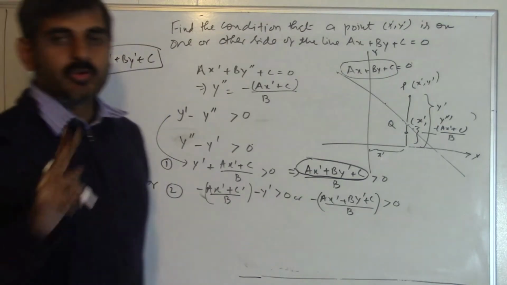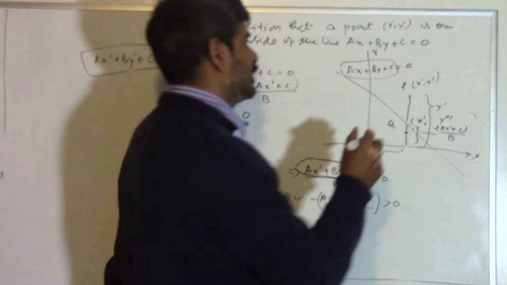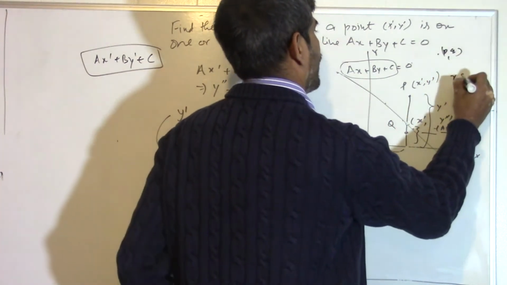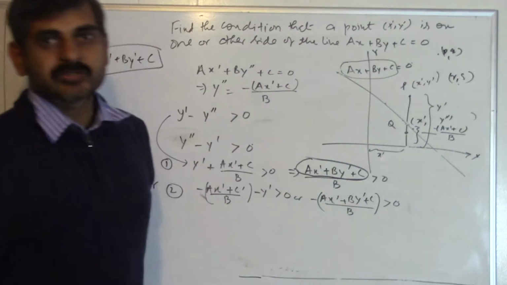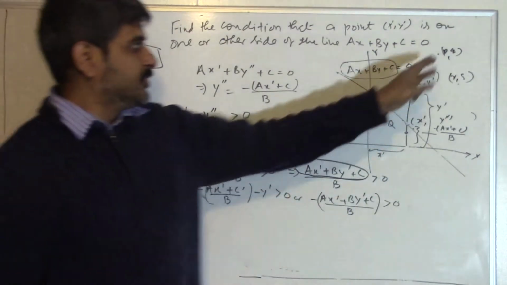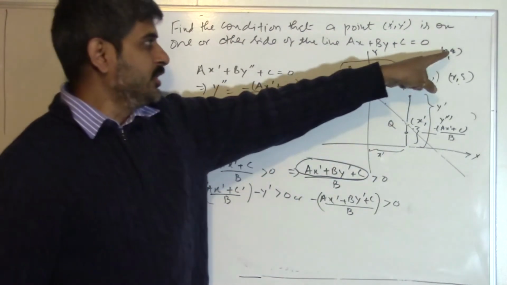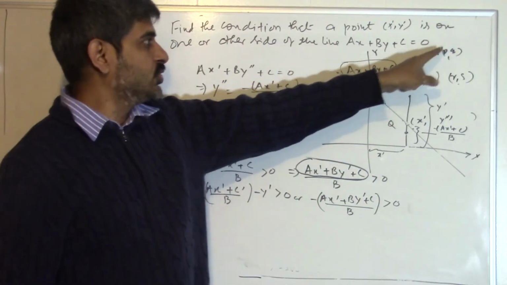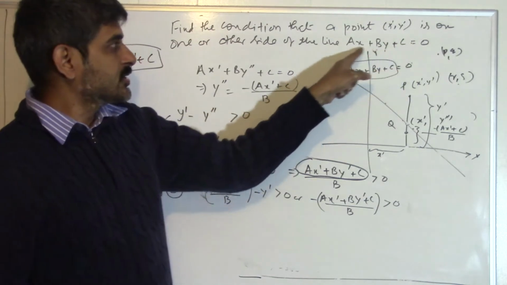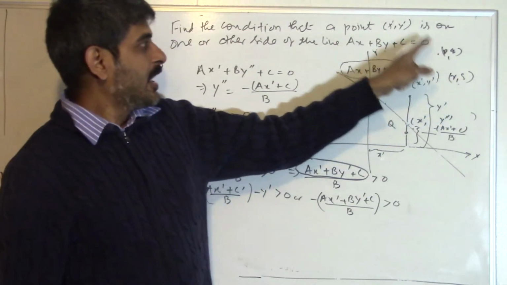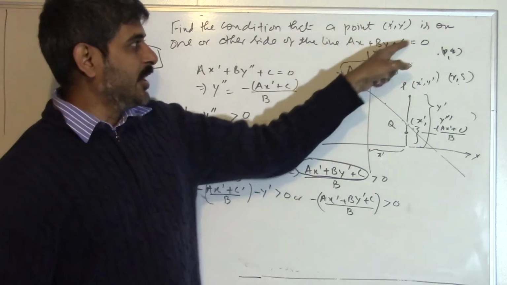So if you are given 2 points, let's say P, Q and the other R, S, and you are asked, can you find out if these 2 points are on the same side of the line or the other side of the line? All you need to do is substitute this PQ in this quantity, and then substitute RS in this equation and evaluate this thing.